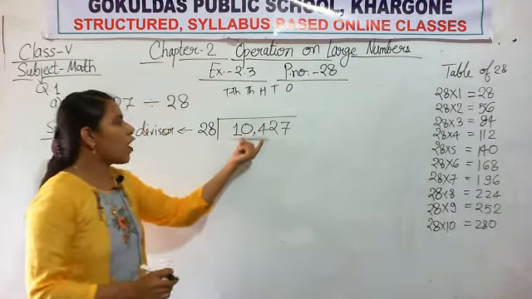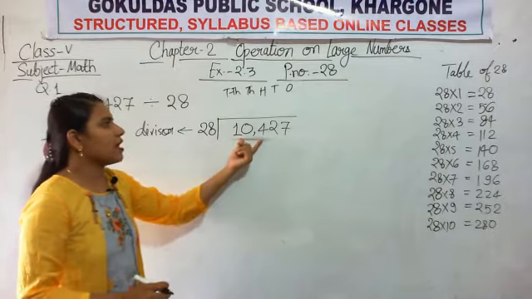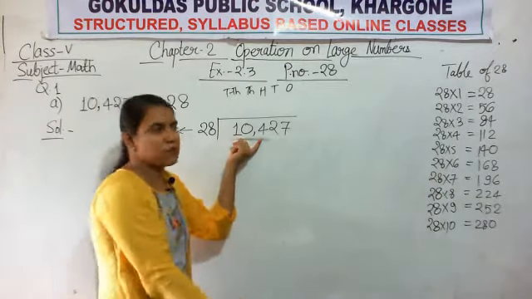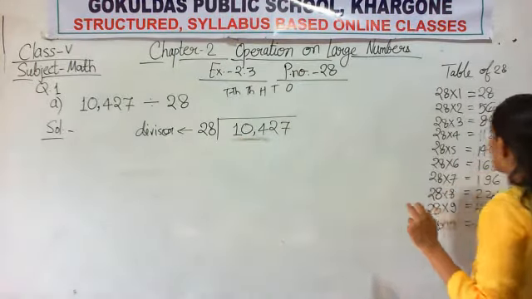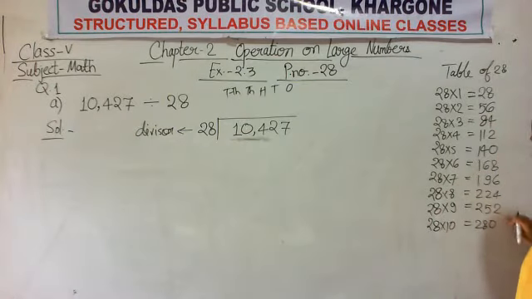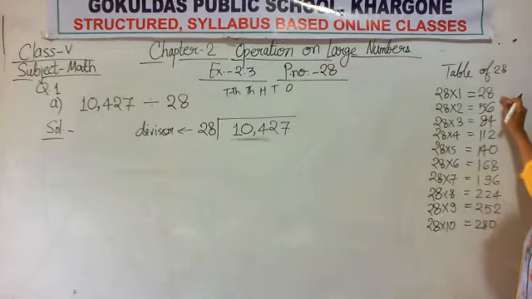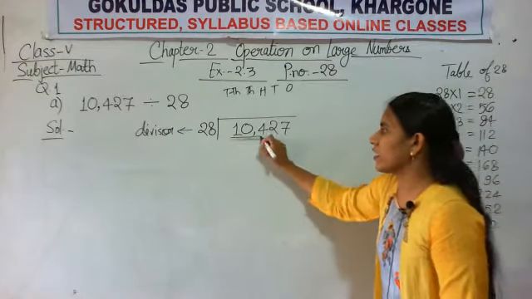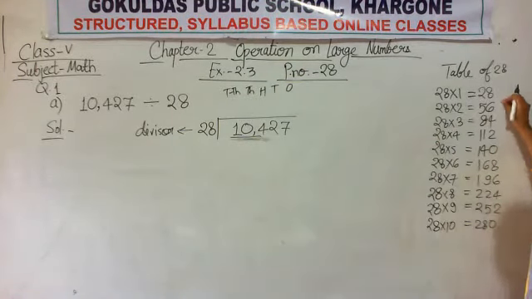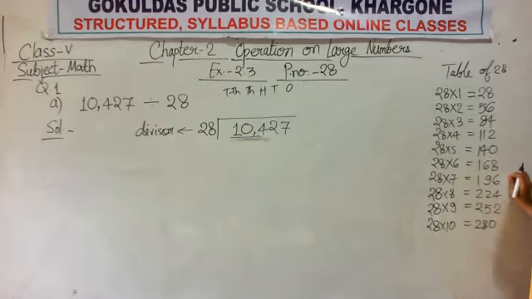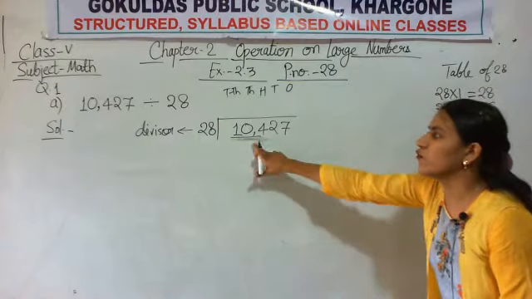Does 104 come in the table of 28? No. 104 did not come in the table of 28. So now you have to choose a smaller number than 104.